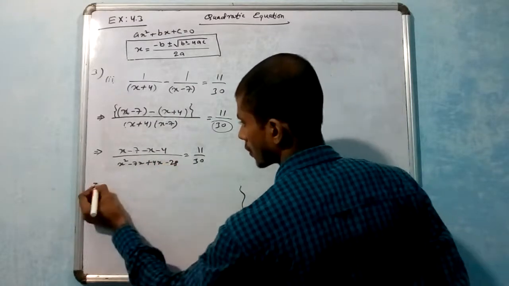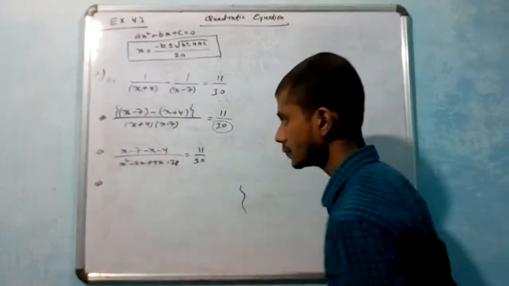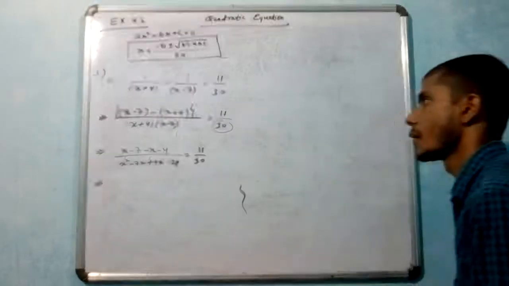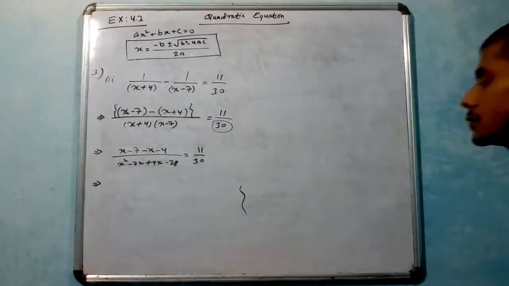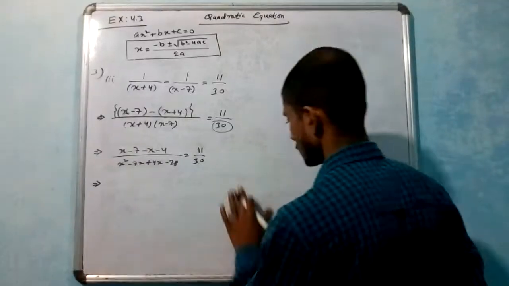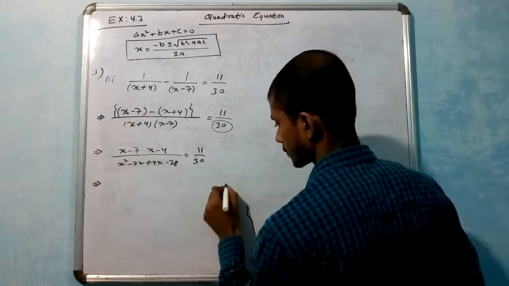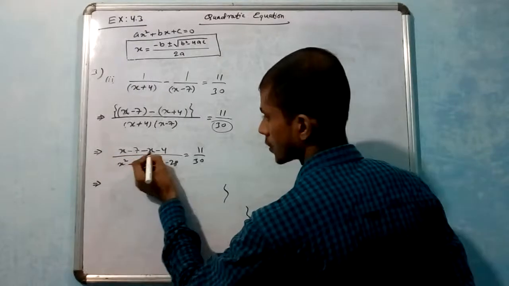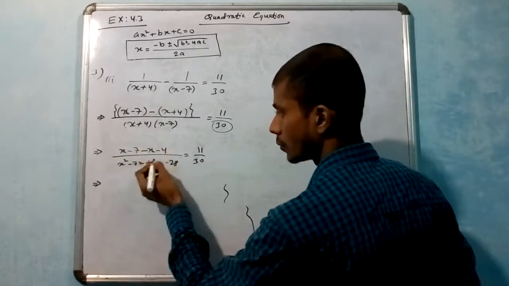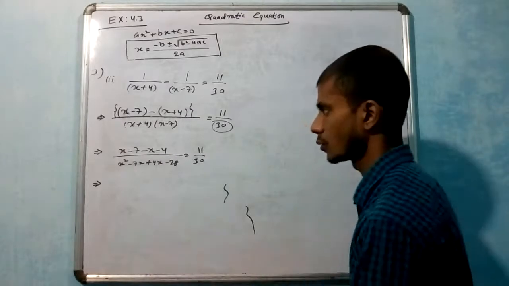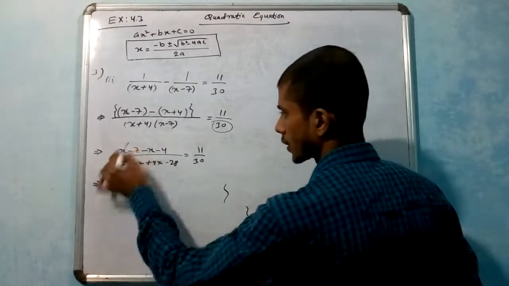Okay, then x minus x, no, how much? x minus x, how much? 0 minus 2x, how? This is plus x, this is minus x, so 0, no? So here x is cancelled.